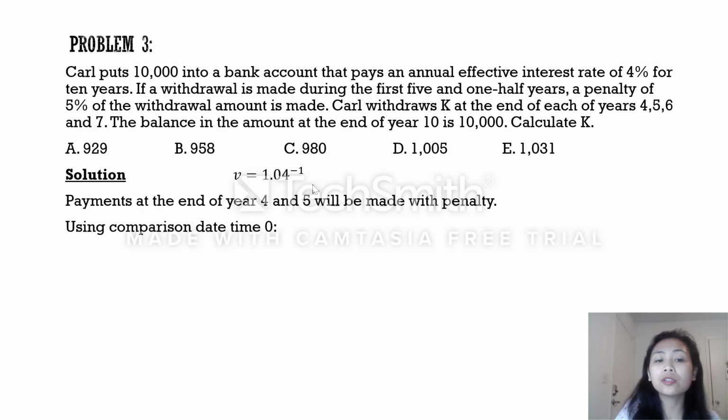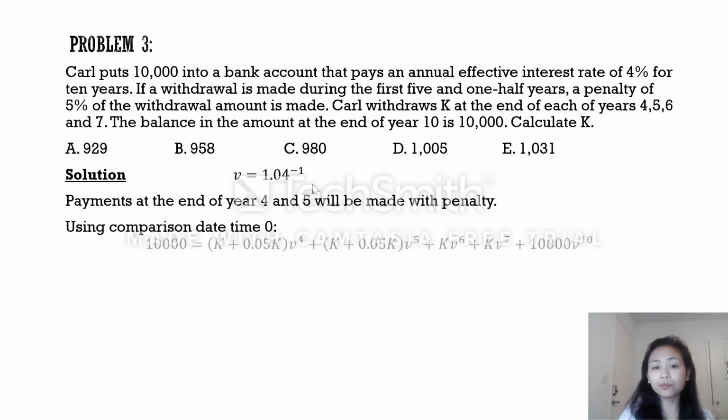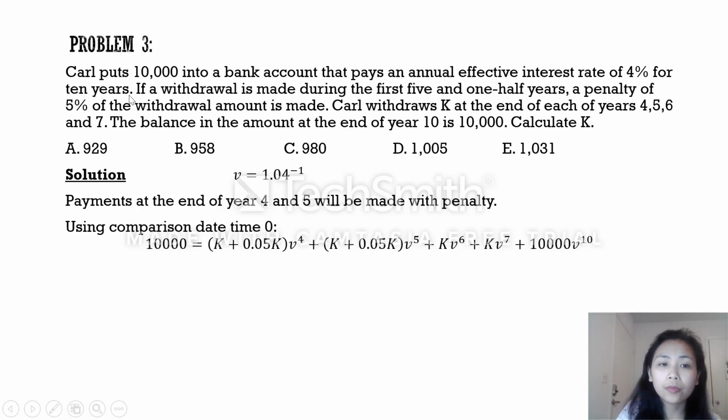So using comparison date time 0, we have 10,000, which is the money we have at the initial time. Then at time 4, a withdrawal of K is made with the penalty of 0.05 K. And at time 4, we bring it to time 0, so we multiply with V to the 4.